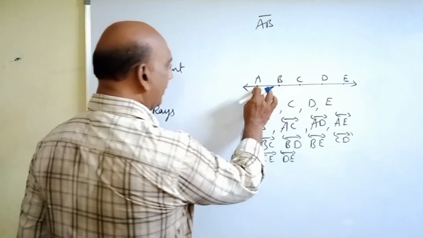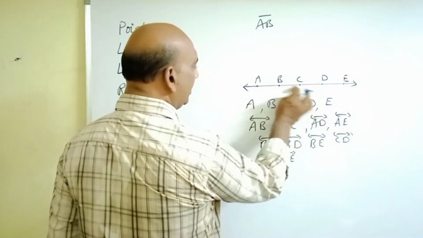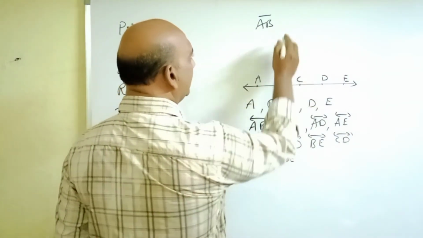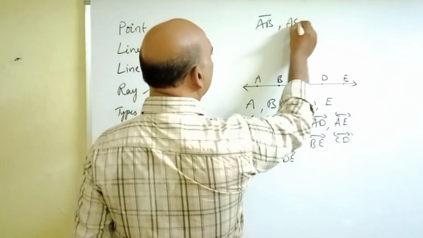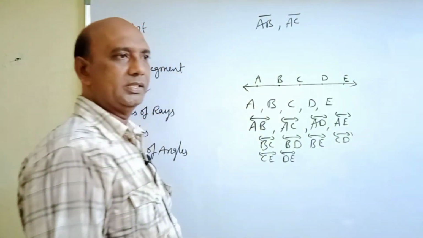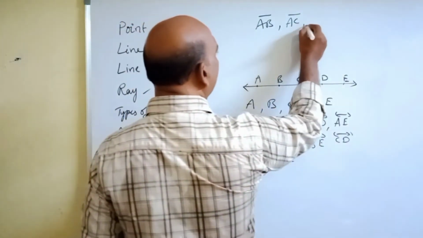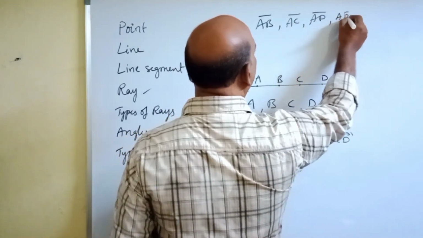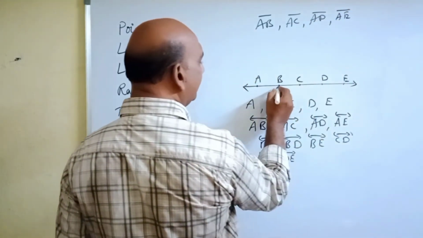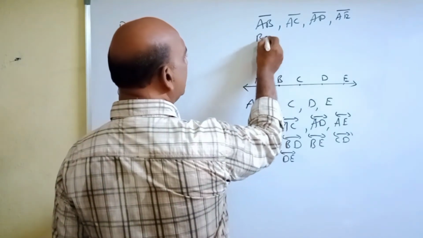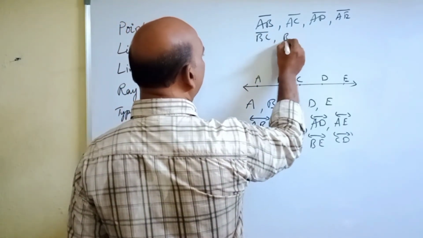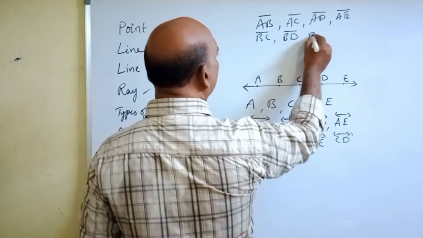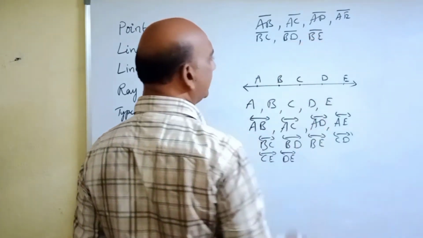Similarly, from point A to point C, it is indicated by AC, line segment AC. And then AD is another line segment, and AE is another line segment. And then starting from B, BC is another line segment, BD is another line segment, BE is another line segment.